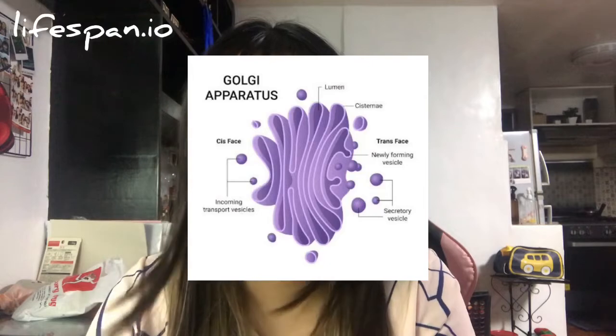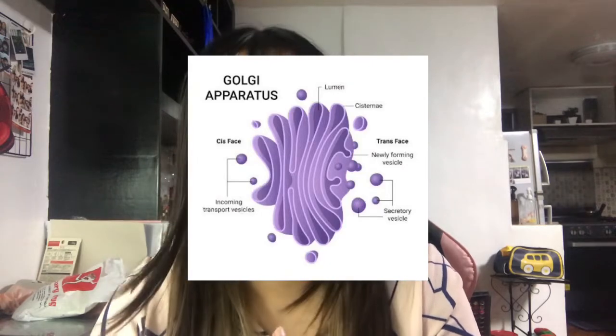Then the Golgi or Golgi apparatus functions as a factory in which the proteins received from the endoplasmic reticulum or the ER are further processed and sorted for transportation to their eventual destinations.